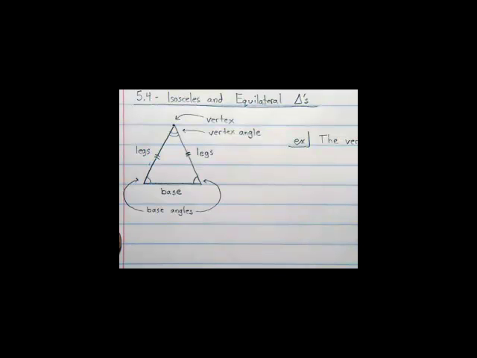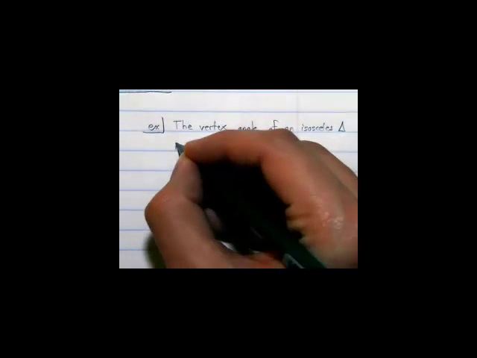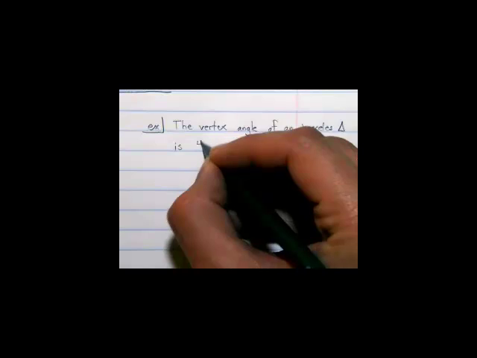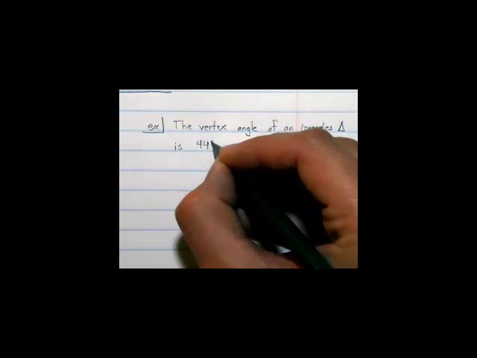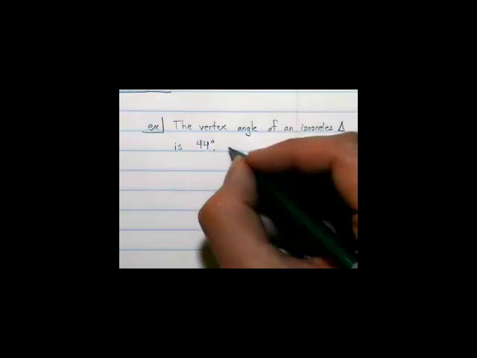So let's say the vertex angle of an isosceles triangle is 44 degrees.